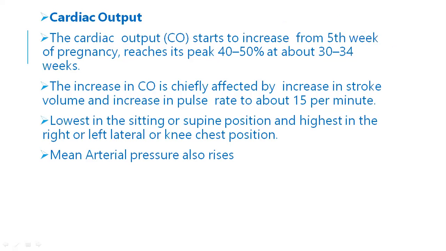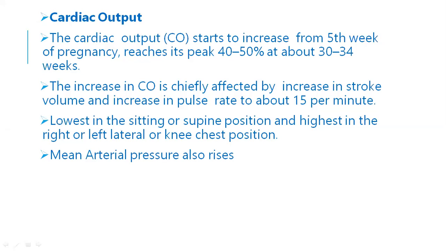What happens to the cardiac output? The cardiac output starts to increase from the 5th week of pregnancy and reaches its peak, 40 to 50% higher, at about 30 to 34 weeks. The increase in cardiac output is chiefly effected by an increase in the stroke volume and an increase in pulse rate of about 15 beats per minute.